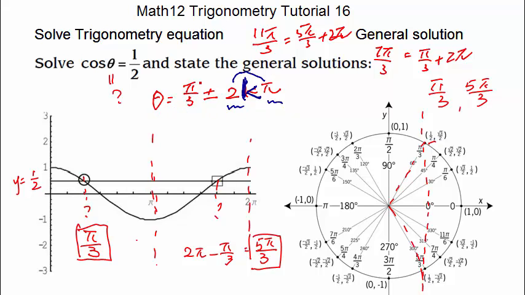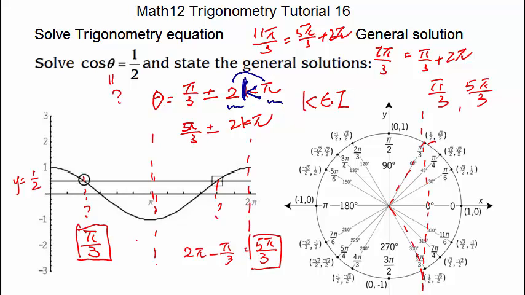Okay, so theta equal to pi over 3 plus 2k pi or 5 pi over 3 plus minus 2k pi, where k belongs to integers or natural numbers or whole numbers, it is up to you. There's no hard regulation about that, so you can just say belongs to integers and that's it.